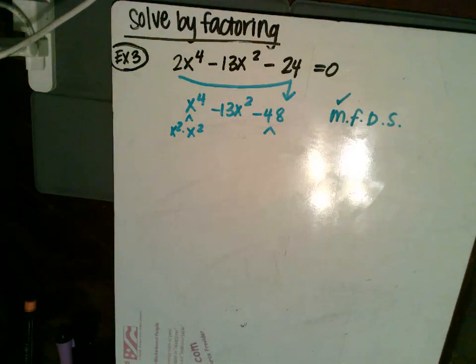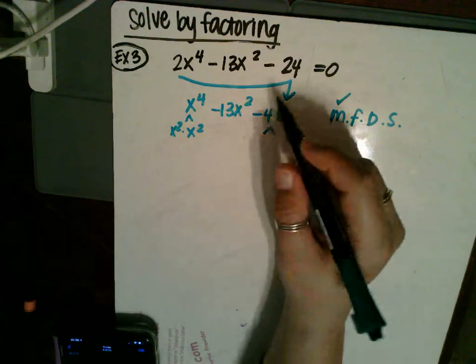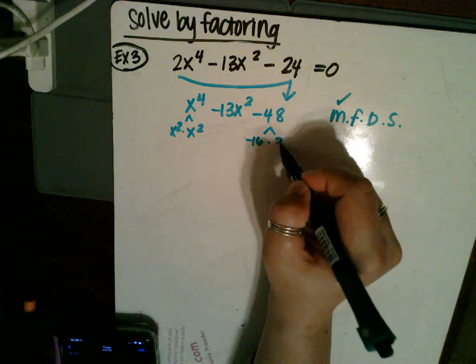Hold up. I apologize. Things that multiply, I was looking at a wrong step here. Things that multiply to negative 48 but add up to negative 13, I apologize, is negative 16 times 3.